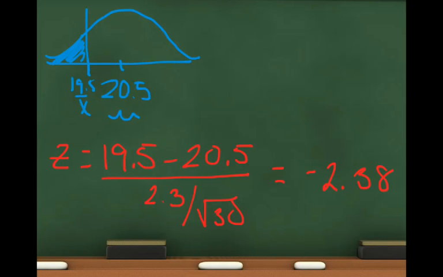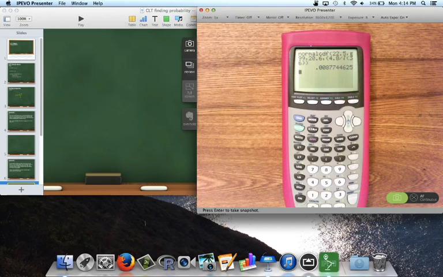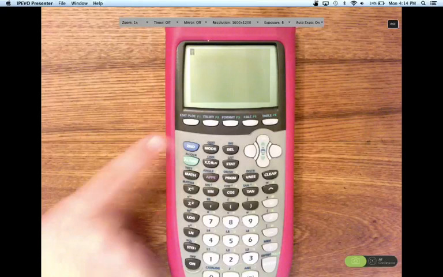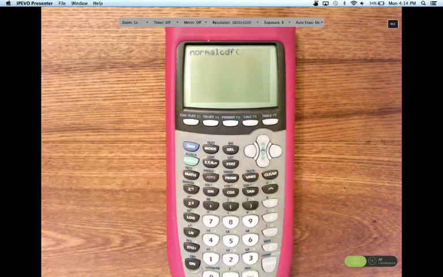And so again, we can go to our calculator to find the probability. And so why don't you take your calculator out? So let's clear this. You're going to hit second VARS, go to your normal CDF, click enter. And so here we want to see if it's actually lower than 19.5.